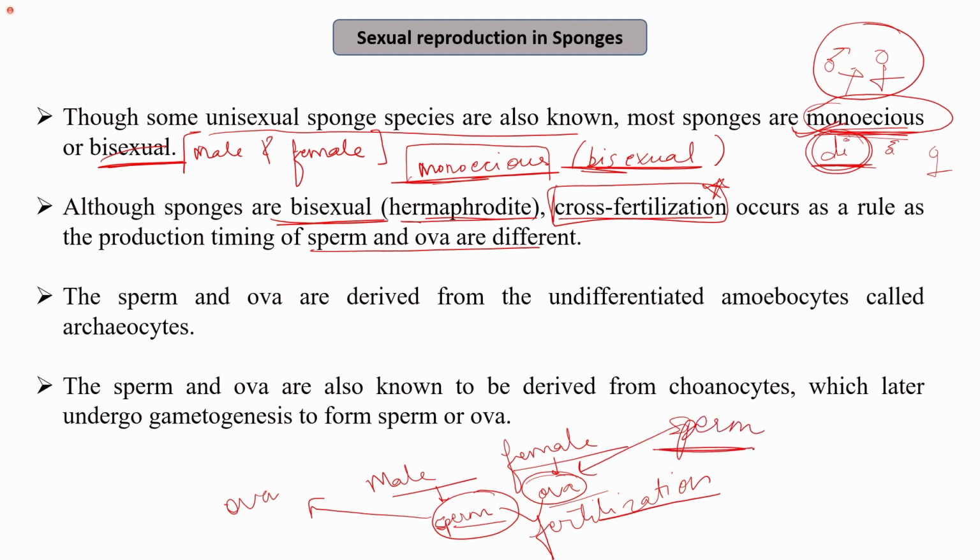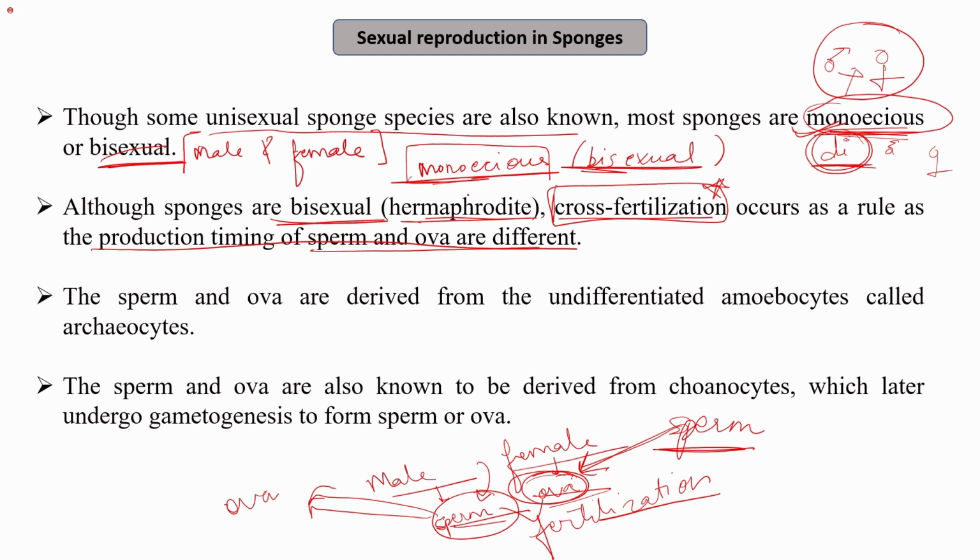Why this is happening is that although both sperm and ova are present in the same organism since they are hermaphrodite, their production timing is different. Either the sperm will develop while the ova will not develop at that time, so this sperm will go and fertilize the ova of another organism, or vice versa: the ova might have developed, but the sperm is not yet produced, and therefore this ova is fertilized by the sperm of the other sponge.